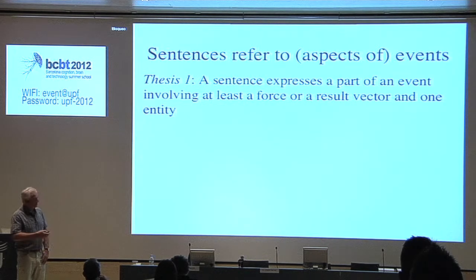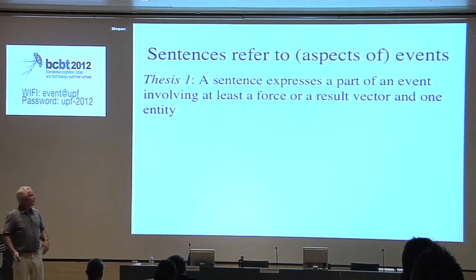I mean, that's a force vector and a patient. Or the glass broke. That's a patient. Or I'm hitting the glass, and there's the force vector, but then there are two entities. So this is a minimum. At least one vector and one entity is a minimum for a sentence. And of course, that maps onto subject and noun phrase and verb phrase.